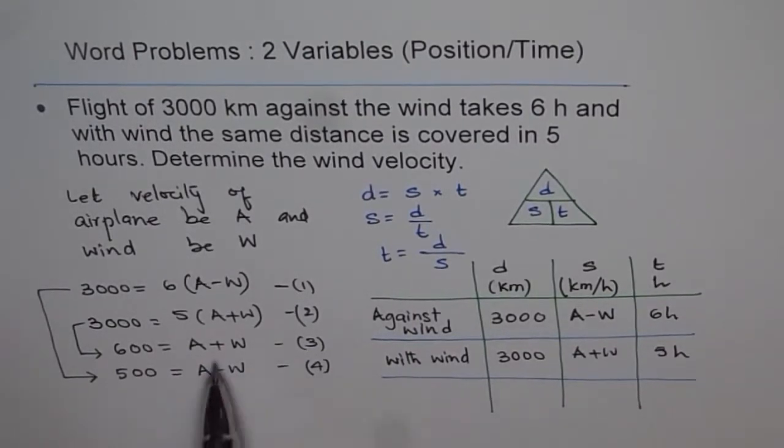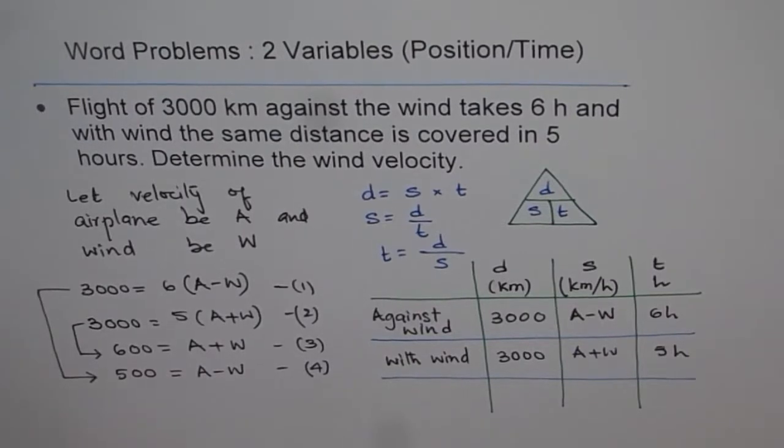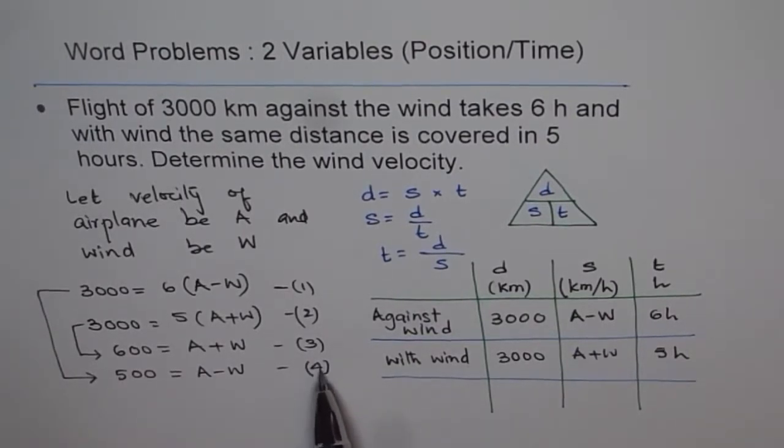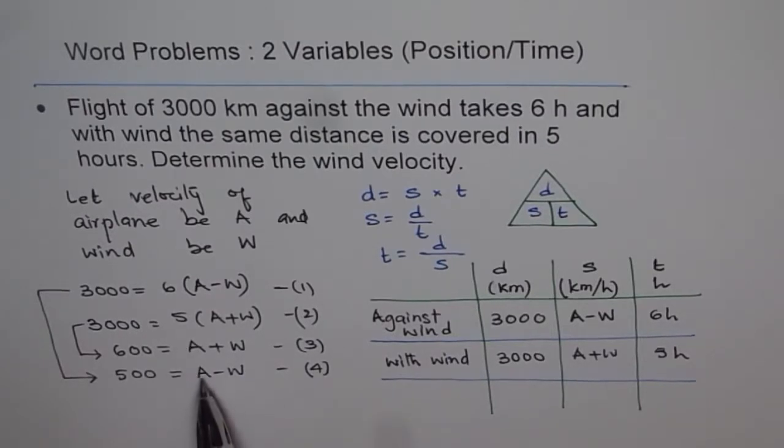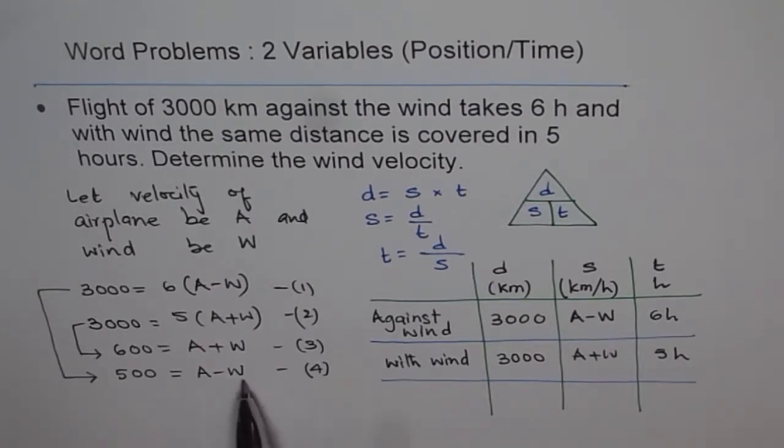Now, with these equations, can you solve for a and w? If we add 3 and 4, what do we get? We get 2a equals to 1100. W gets eliminated. And so we can find the velocity of the airplane. And if we subtract, velocity of airplane gets cancelled out or eliminated. And we get an equation with 2w equals to 600 minus 500.